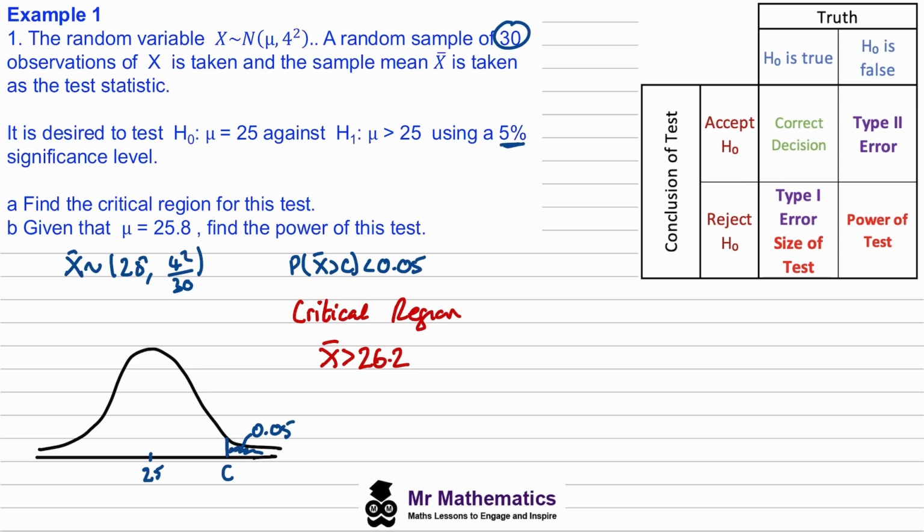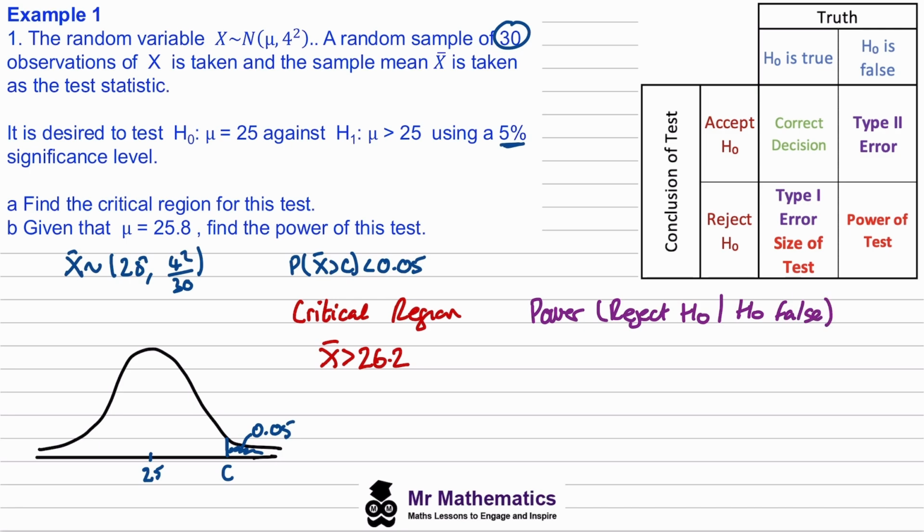For part B, given that mu is actually 25.8, find the power of this test. The power of a test is when we reject H0 given that H0 is false. So we can write this as the power: we reject the null hypothesis given that the null hypothesis is actually false.